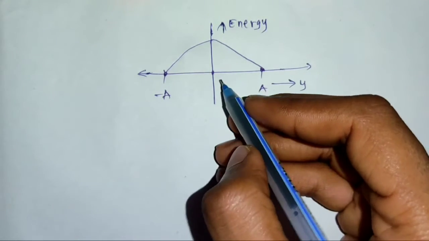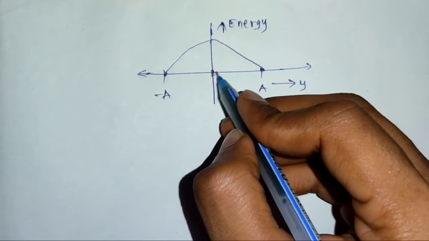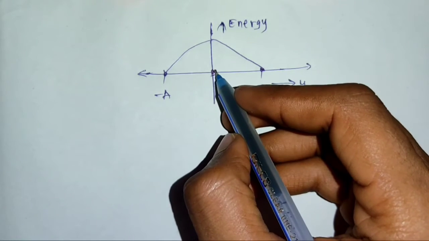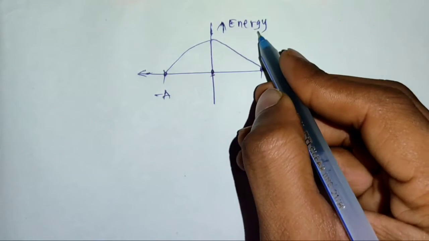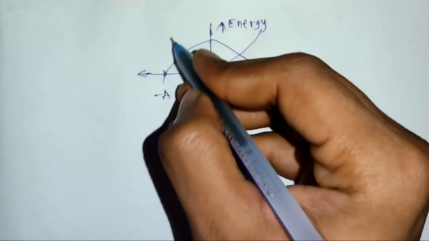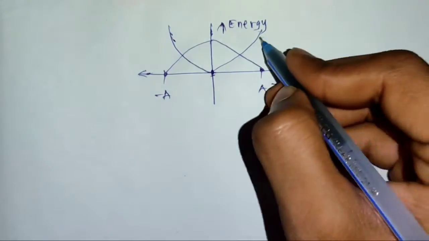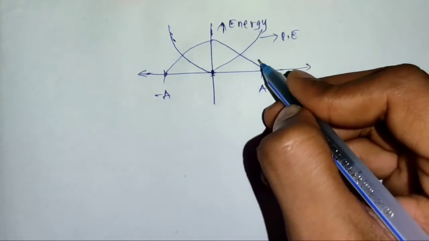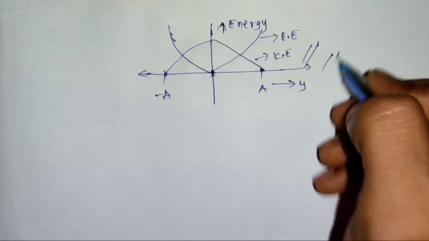And at the mean position potential energy is 0 and maximum at the extreme positions. So it comes like this. This is potential energy, this is kinetic energy graphs.